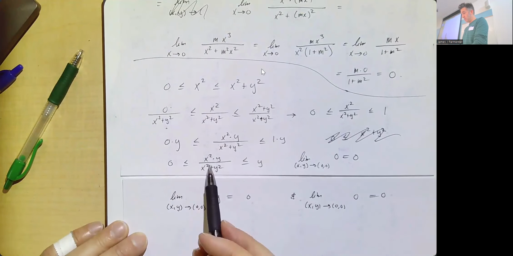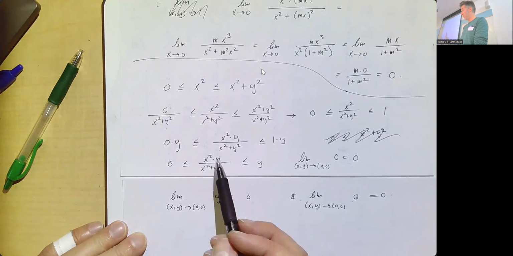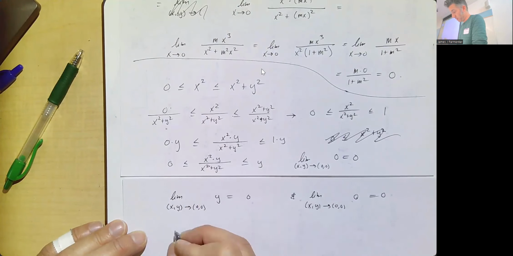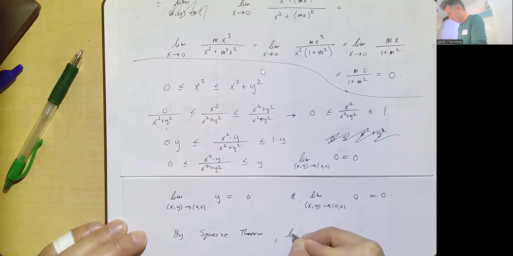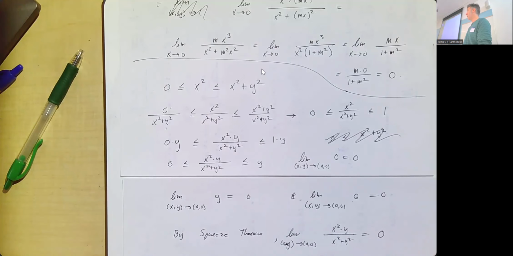Well, since this is between 0 and y, and the limit of 0 is 0, and the limit of y is 0, then the limit of the thing between those two also has to get closer and closer to 0. So by the squeeze theorem, the limit as (x, y) approaches (0, 0) of x squared times y over x squared plus y squared is equal to 0.